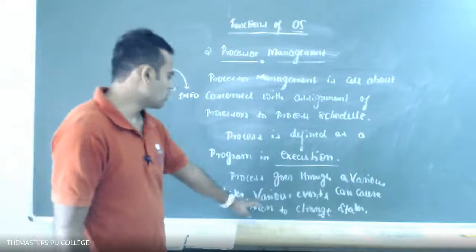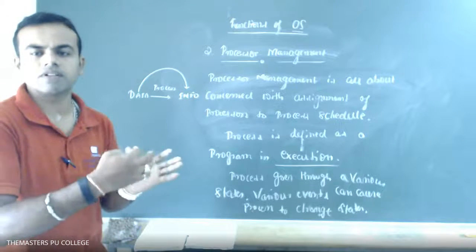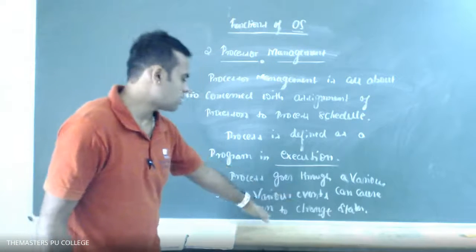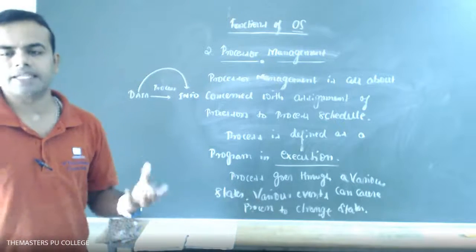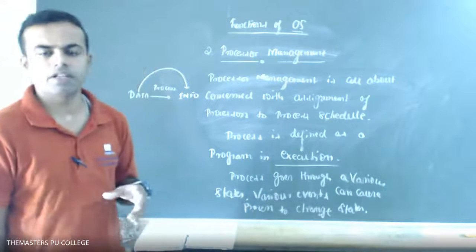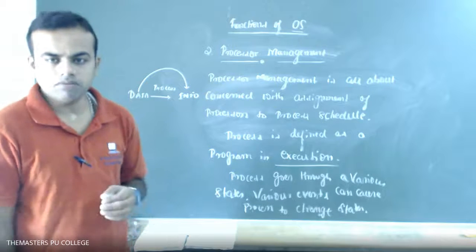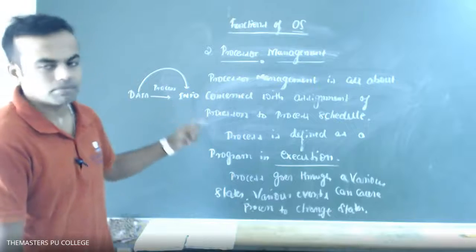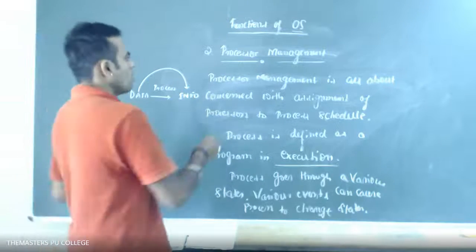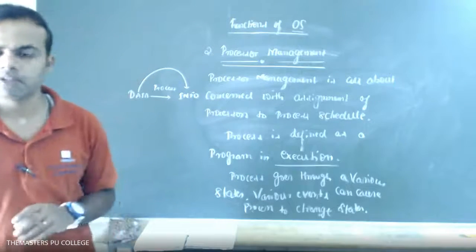Then the process goes through various states. It will take different varieties of states, and various events can cause the process to change states. It will undergo various events and changes while processing, and then the output will come finally. This totally will be called processor management. Is that clear?